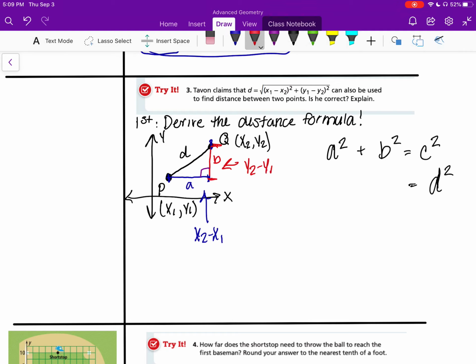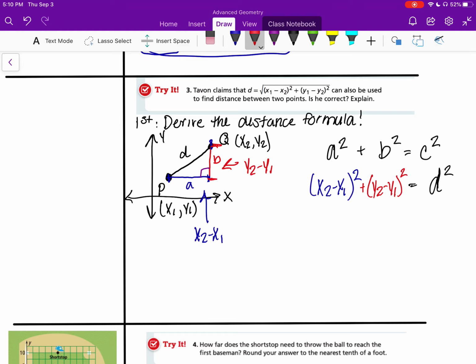We can actually substitute those into our Pythagorean theorem, saying that leg A is the difference in our x's, and leg B is the difference in our y's. And it's really just the difference in the horizontal and vertical change of our segment.